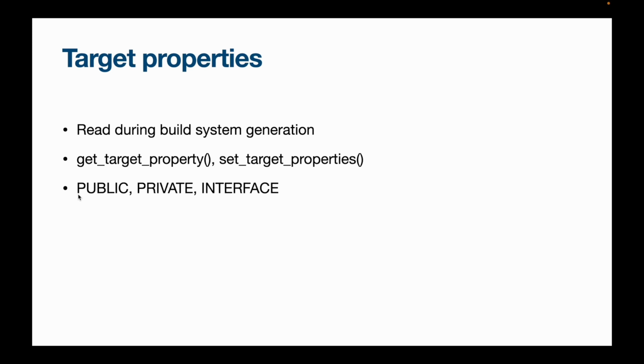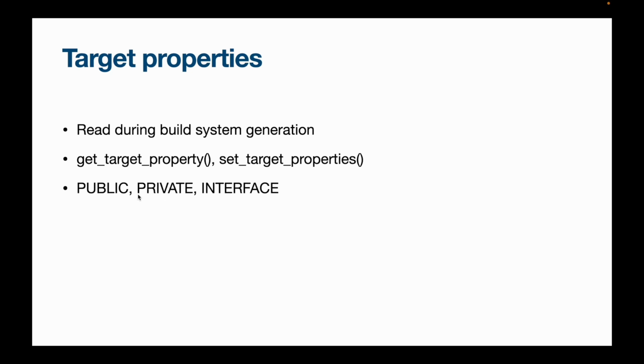PUBLIC means that it's going to set that property for this target that you're calling this on, but also it will propagate to anybody who links against you. So the use case for this is things like if you are creating a library that's going to be linked against, and it defines some header include paths that need to be public instead of private.